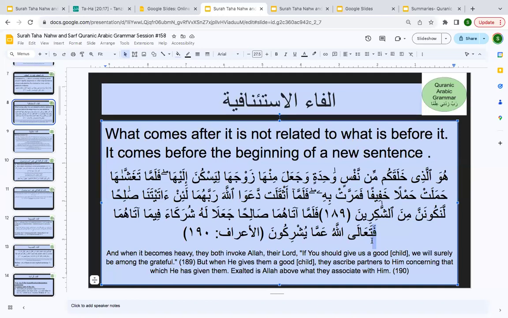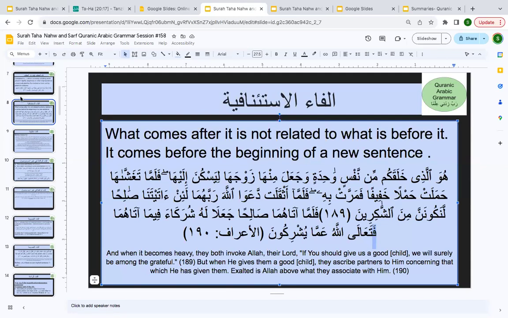So this one, فَتَعَالَى اللَّهُ عَمَّا يُشْرِكُونَ, is going to be fa isti'nafiya, starting a new statement which is not grammatically connected to whatever has been said before. It's a new grammatical statement that is beginning after fa, and whatever comes after isti'naf, always remember, do you remember? Whatever sentence follows fa isti'nafiya is going to be la mahalla laha min al-i'rab. Barakallahu feek, very well done.